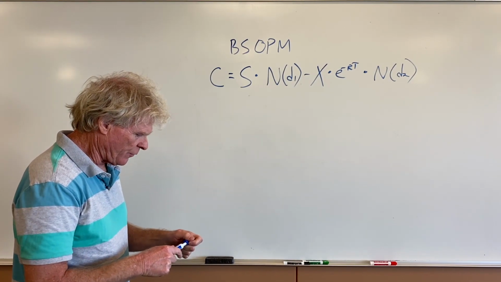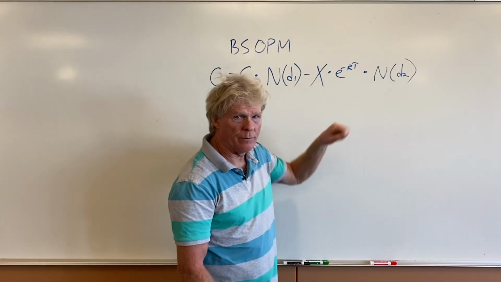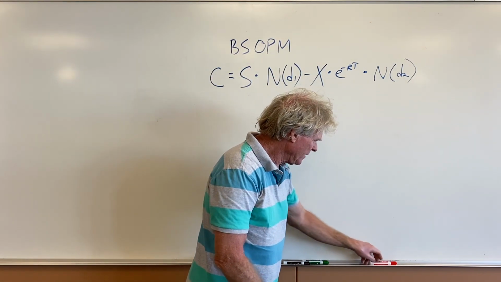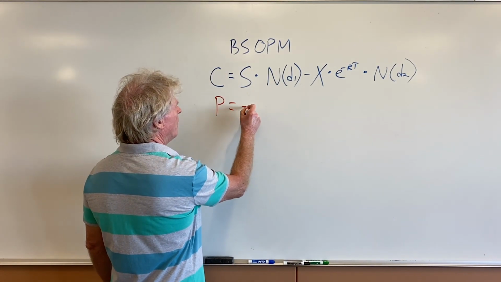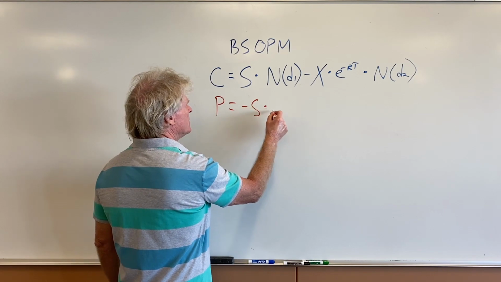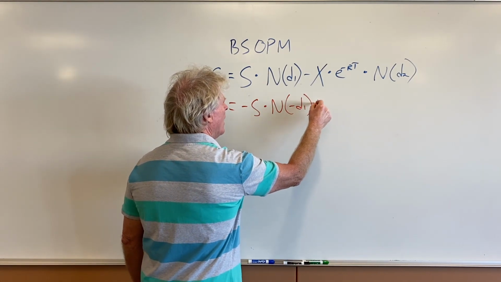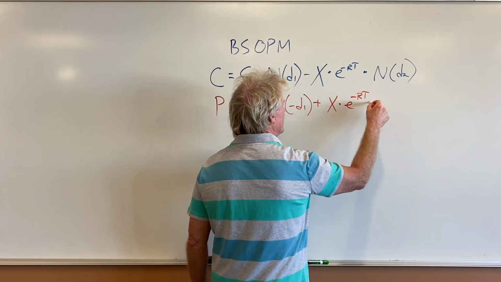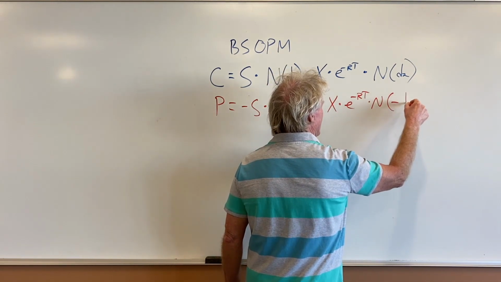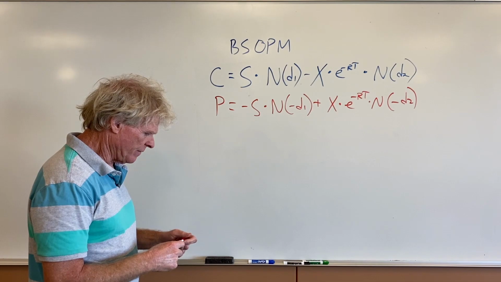And that's the equation for the call. I'll put the equation for the put up here now, and then I'll describe what these probabilities look like. So for a put, we have put equals minus S times N(minus d1) plus X times e to the minus RT times N(negative d2). Okay, so very similar.